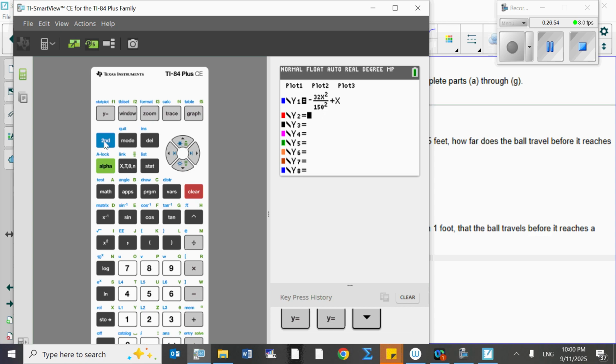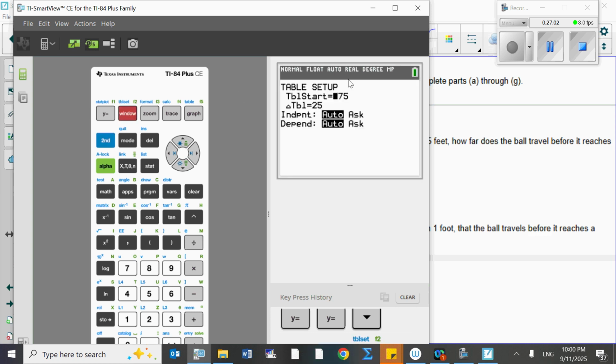Now I'm going to find my table first. So when I go to second window here, it's going to give me the table set. I changed the table start from 0, and the step should be 25. I already have changed it, 25. Now I'm going to go to see the table.